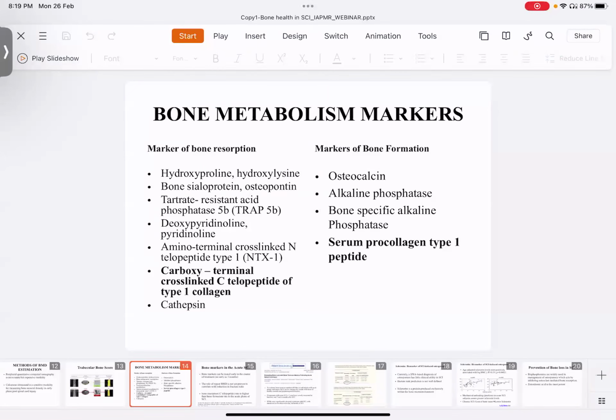Sir, I could not read any studies on pediatric osteoporosis. So this is the marker which I told: CTX, similar to NTX, N-terminal telopeptide. CTX, the C-terminal telopeptide, is the bone resorption marker, and for the bone formation marker you have to take procollagen type 1 peptide.